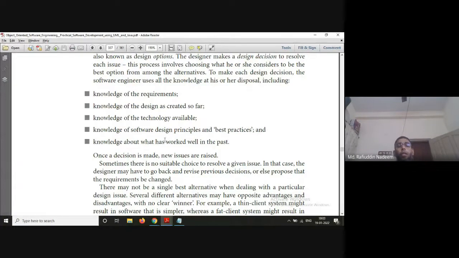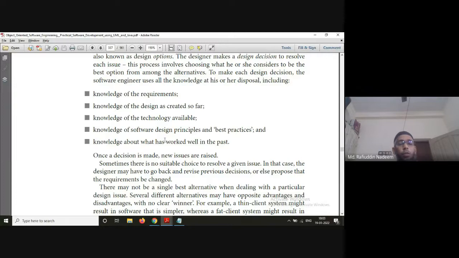So far, if you have created some design, you are going to use that knowledge, the knowledge of the technology, because we already discussed previously that you need to think whether you are able to develop the particular system in the available technology or not.